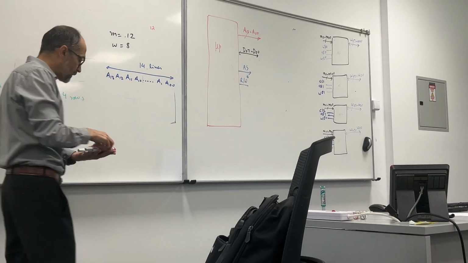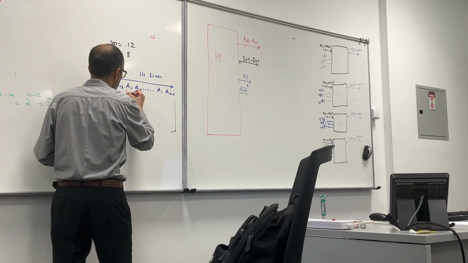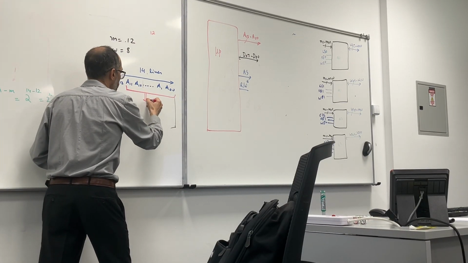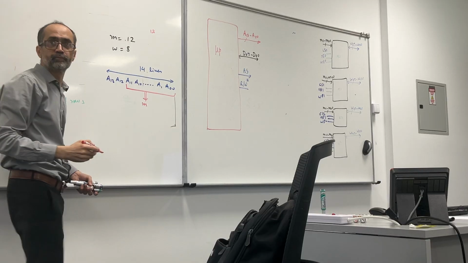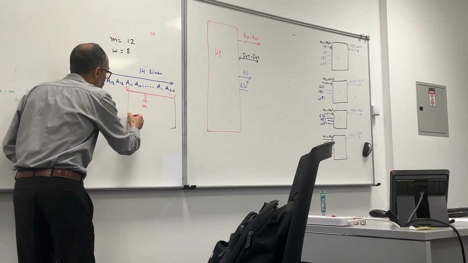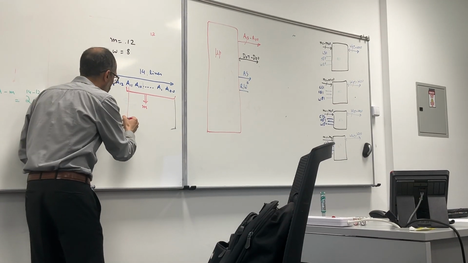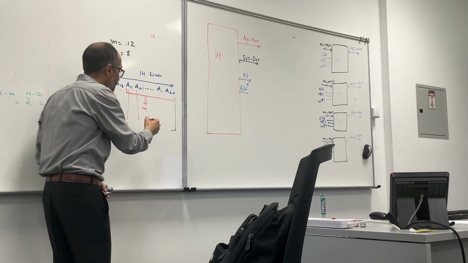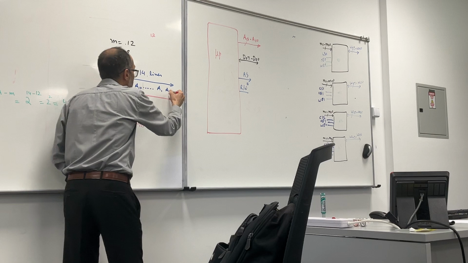This is actually 12 lines, and this will go to M. So A11 will be connected to W11, A10 to W10, and so on until A00 to W00.